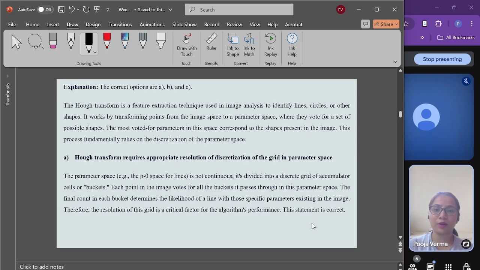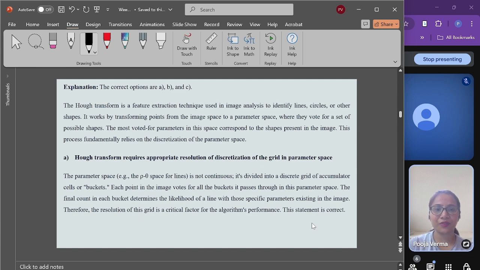It works by transforming points from the image space to a parameter space where they vote for a set of possible shapes. The most voted parameters in this space correspond to a shape present in the image. So this process fundamentally relies on the discretization of the parameter space.